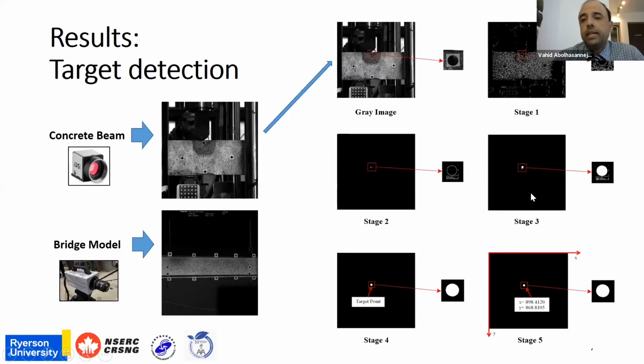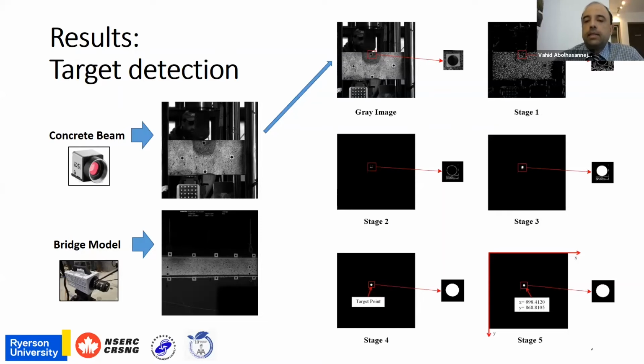In the third stage, we fill the target using the hole filling function, and then we are closer to the target detection. In the next stage, we remove the non-related objects using the area opening function.